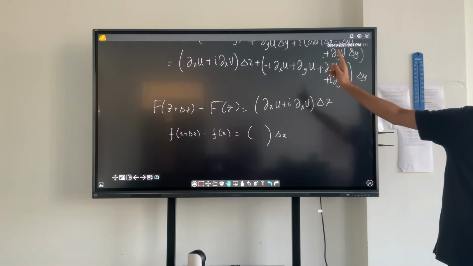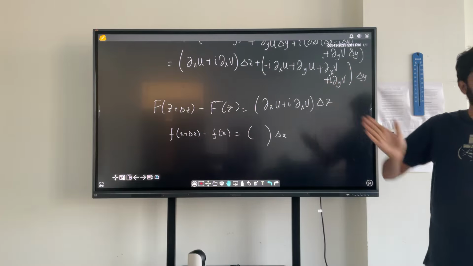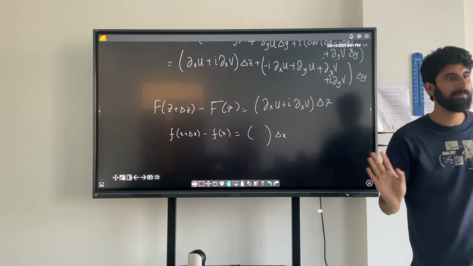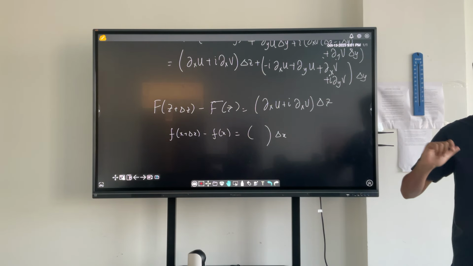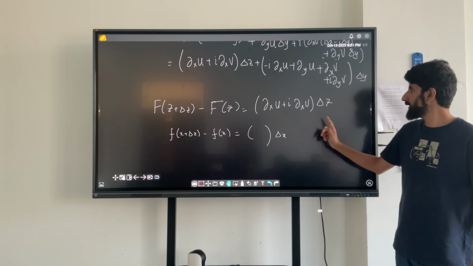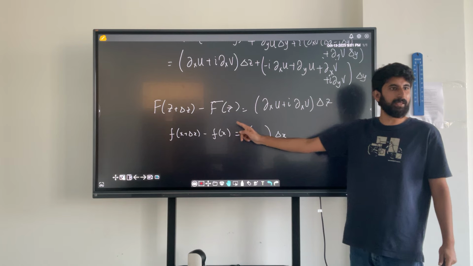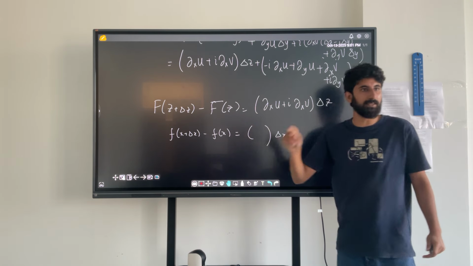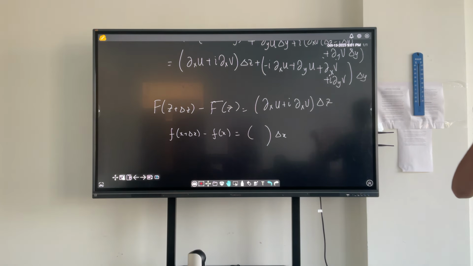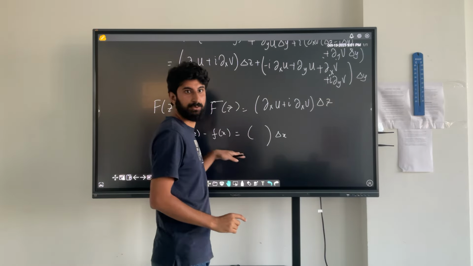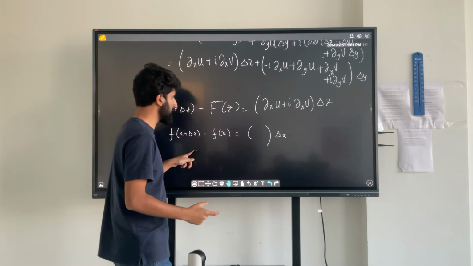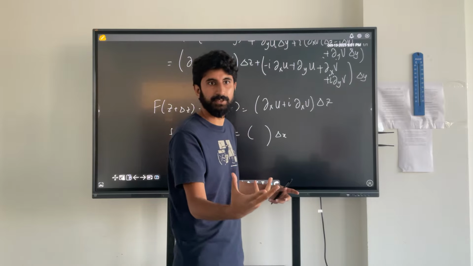For real scalar fields there was a slight difference: you need to define a direction and then take the derivative, n dot grad, and many good things came out of that as well. But here it is exactly the same manner. I divide by delta z and then take delta z to be 0 to make it a derivative. Just like before, you study the change and then divide by the change. That gives you the rate of change.